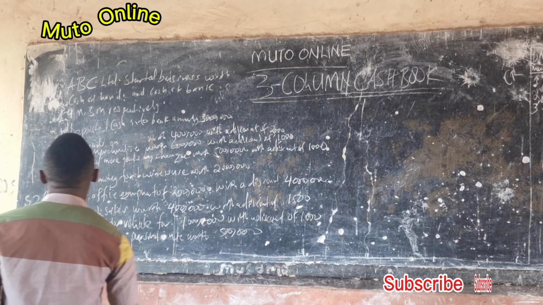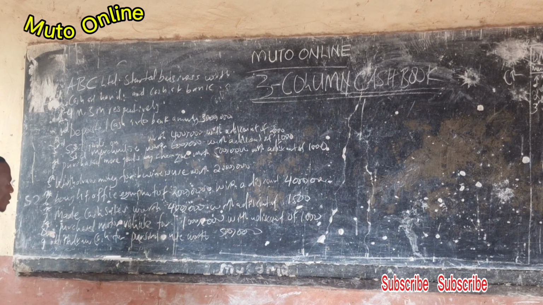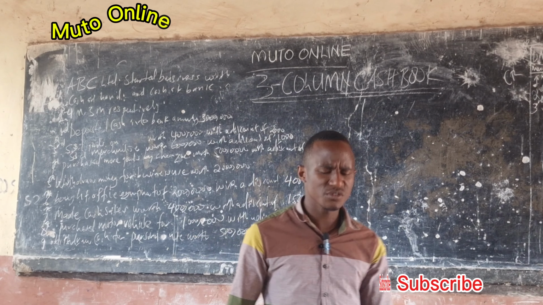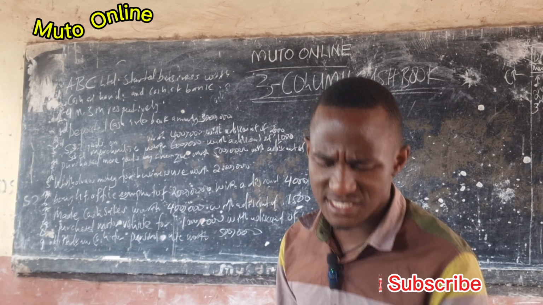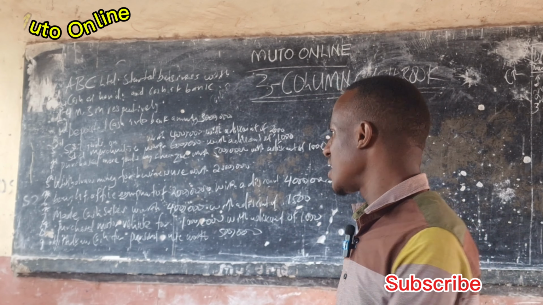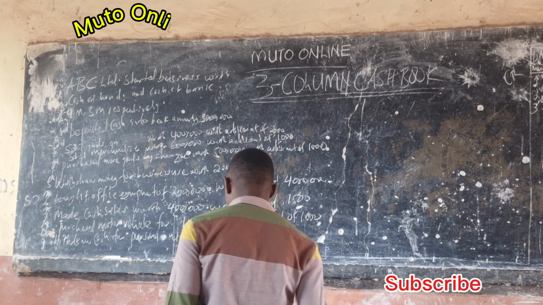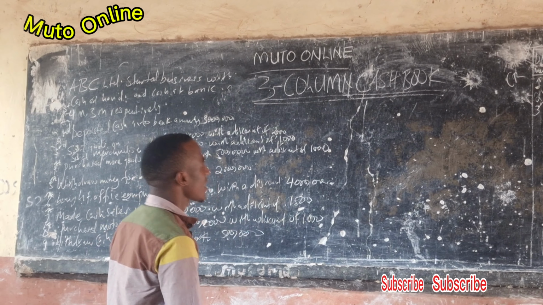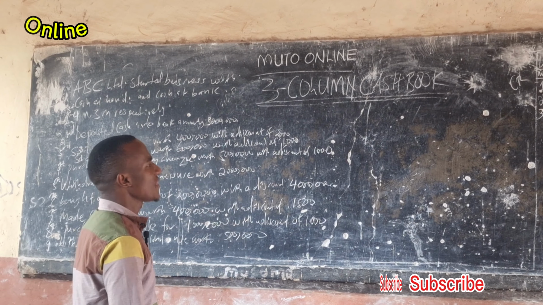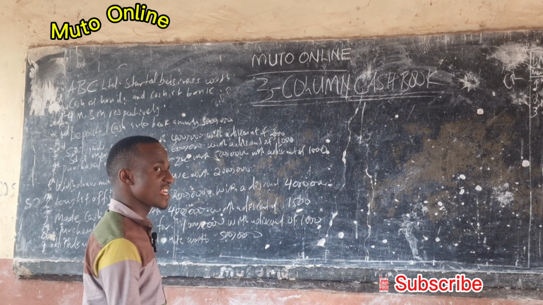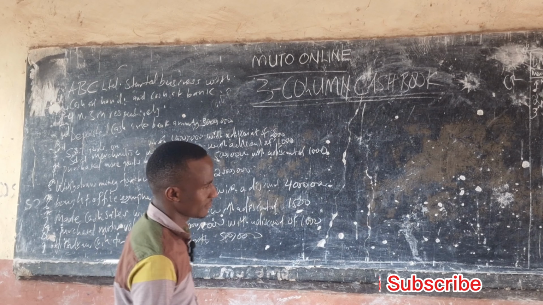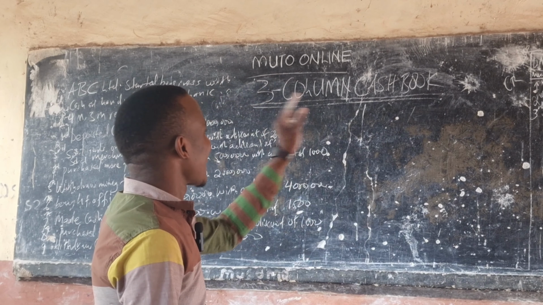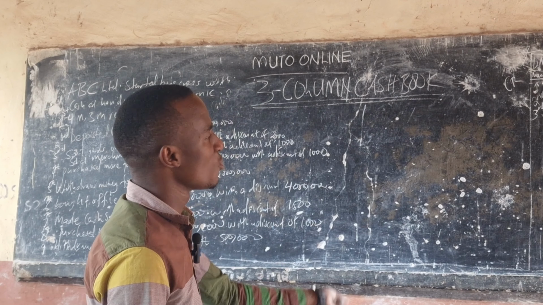Here they are telling us withdrew money for business use worth 2 million. A contra, I've said, you start with the side that is losing. When they withdraw money from cash, it means the bank is losing to cash, and the cash is gaining through bank.